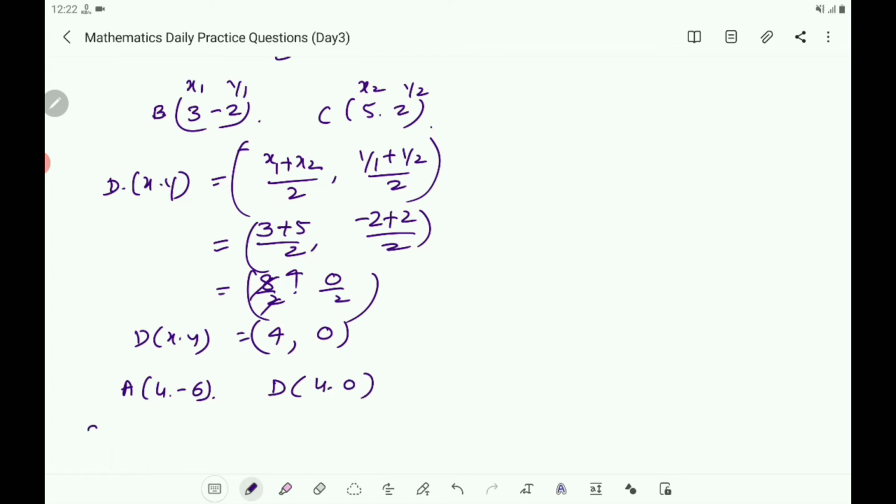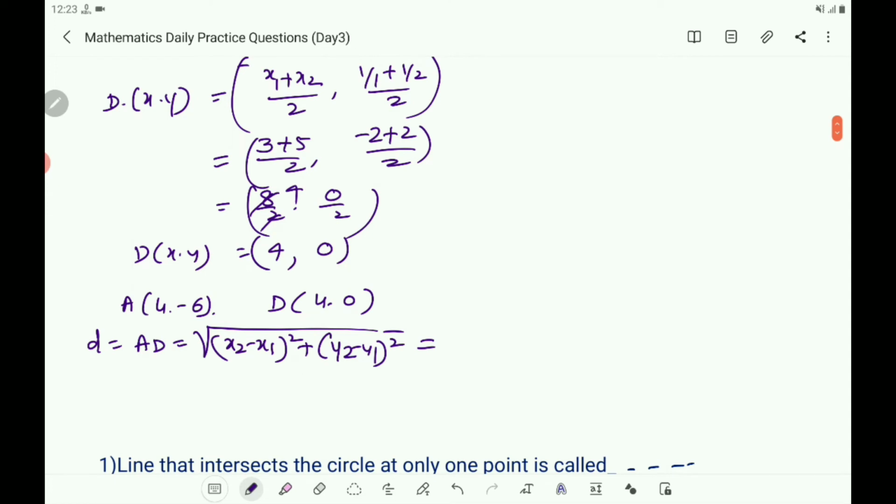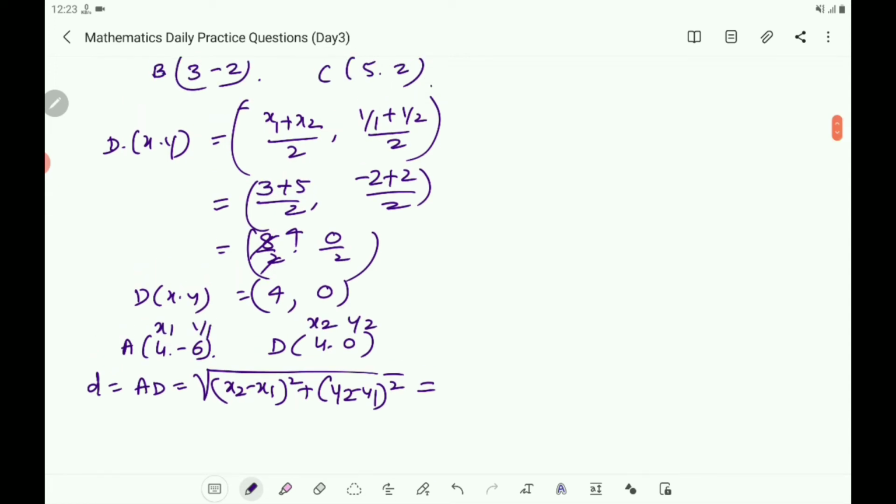Then you write the distance AD equals square root of (x2 minus x1) whole square plus (y2 minus y1) whole square. You have taken x1, y1 and these are x2, y2.